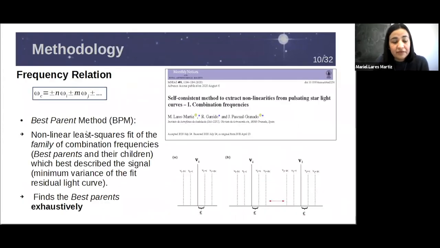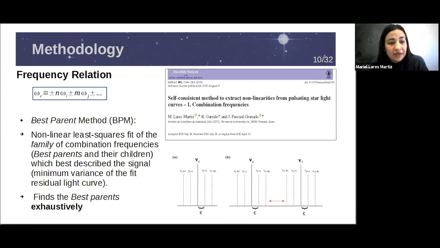So while studying this frequency relation, we developed a self-consistent method to extract nonlinearities or combination frequencies for pulsating star light curves. And we do this, as I said before, with the motivation of trying, after properly extracting the combination frequencies, to match the remaining components to the available linear model.